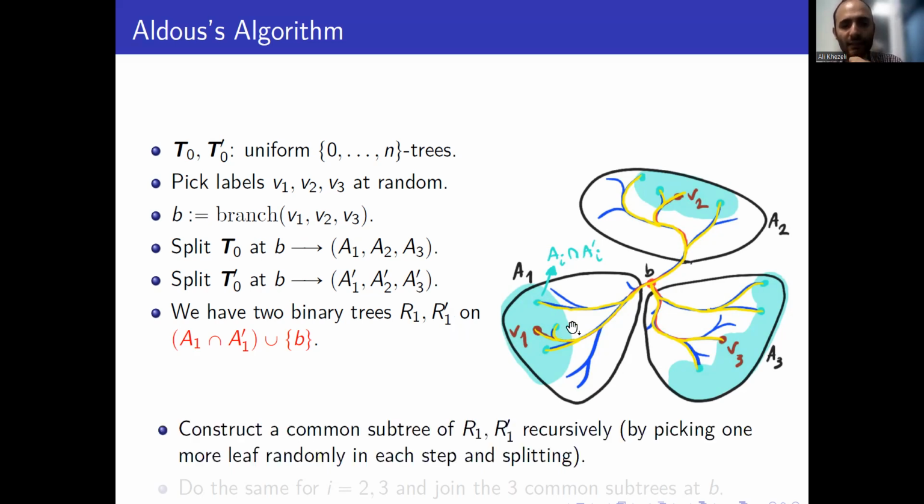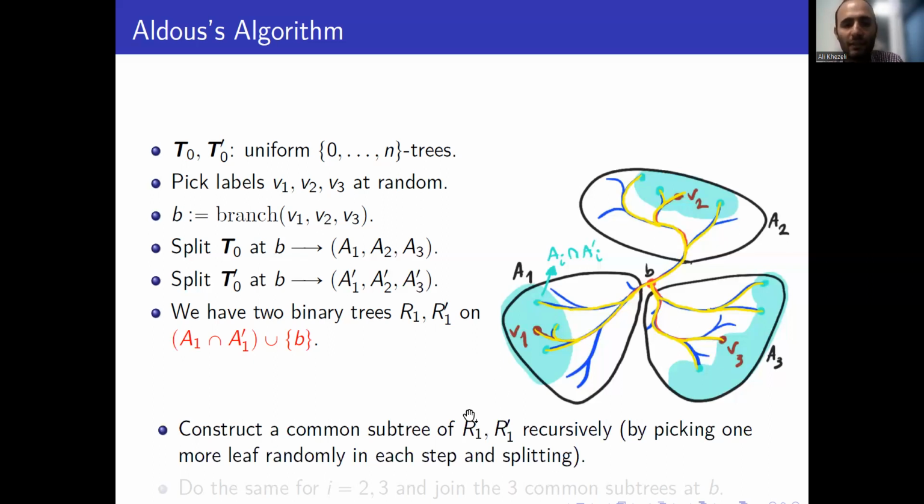Aldous' idea is that since we are looking for a common subtree, it's enough to construct a common subtree of R1 and R prime 1, which is in this branch, and a common subtree of R2 and R prime 2 here, and a common subtree of R3 and R prime 3 here, and glue them at B. Now we find a common subtree of the whole trees T0 and T prime 0.